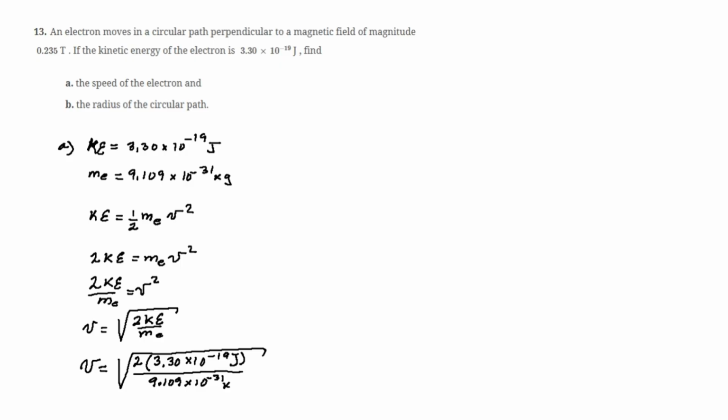And then when we calculate this speed, we get 0.851 times 10 to the 6 meters per second, which in scientific notation would be 8.51 times 10 to the 5th meters per second.